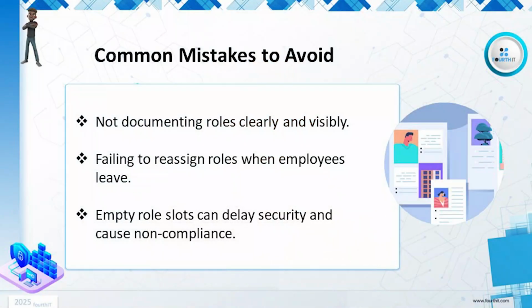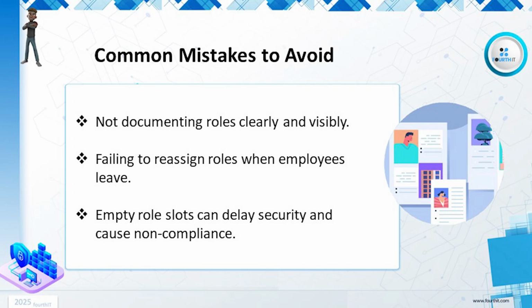Common mistakes that we need to avoid. There are 2 most common ones that many organizations fall into. 1, failing to document the roles properly. And the second one is not updating assignments. When I say failing to document roles properly, I'm saying that it is not enough to just say that we have someone handling this. It needs to be clearly recorded.